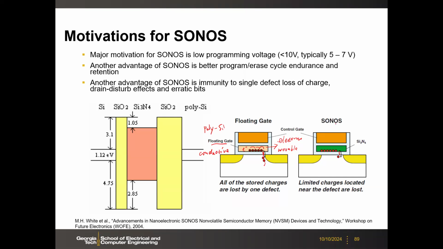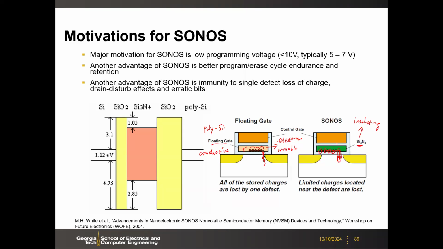But in the SONOS structure, the silicon nitride is more like an insulator. It's more insulating. So those electrons are individually trapped. If there is a leakage path to remove one electron, the other electrons will not follow because each individual electron is trapped by itself.